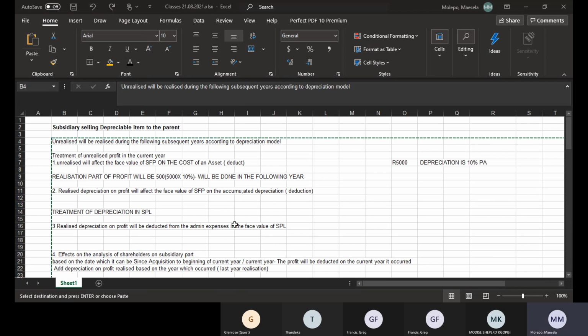Because you just follow the summary: if it affects the face value of the statement of profit and loss, you deduct or you add.